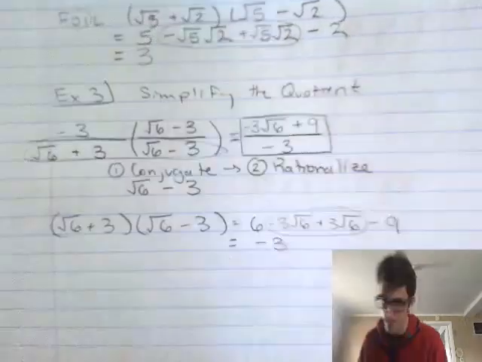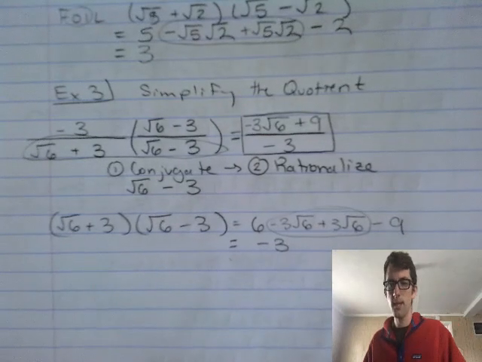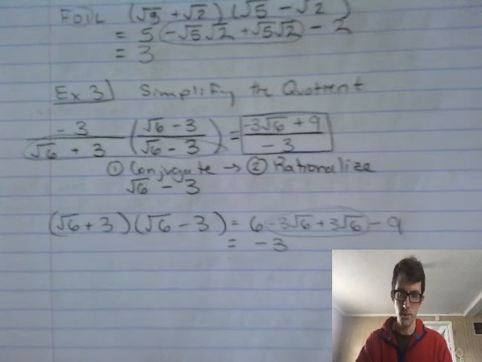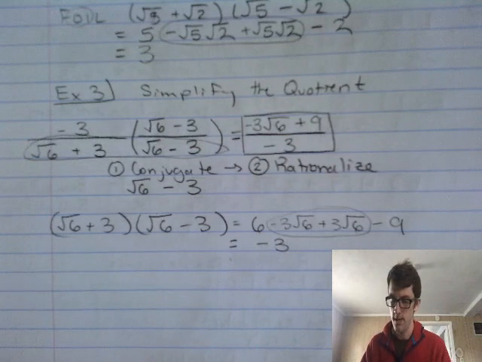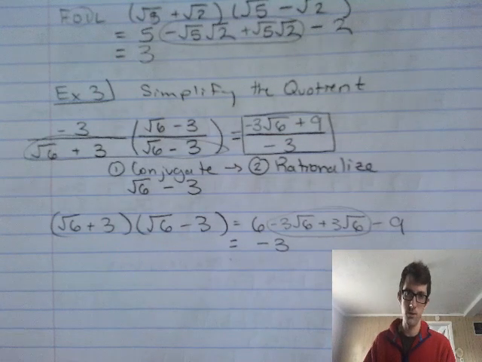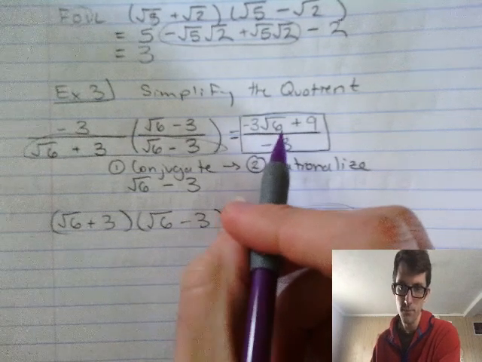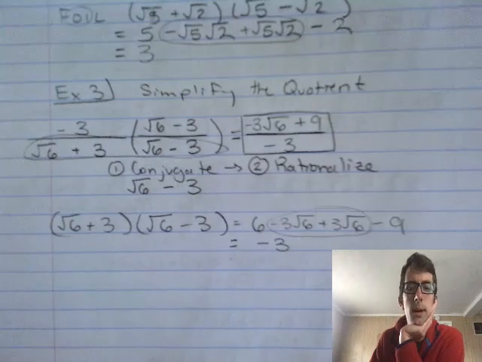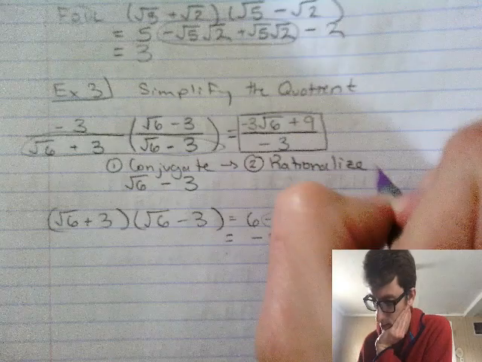Now, you can leave your answer like this. There might be some of you who do not like that negative on the bottom. So what we can do is factor it out. If we were to factor a negative 3 from the top, look at this, how ironic, actually.